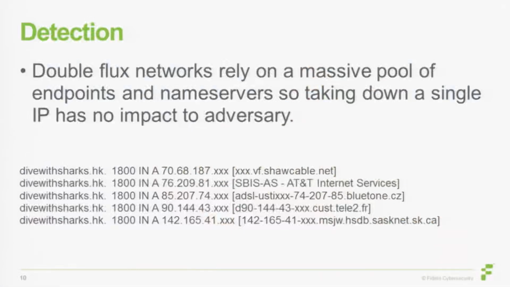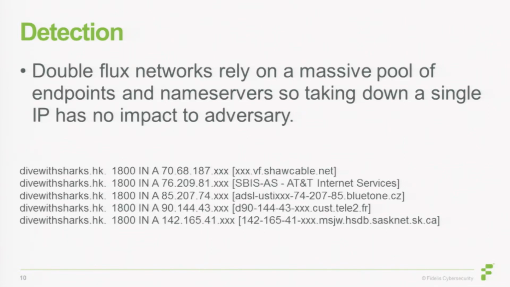In this case, 1,800 seconds and only 5 IP addresses. But if you resolve that repeatedly over the course of 30 minutes, once those TTLs expire, you'll see other IP addresses that get cycled in and cycled out. So it's common to have hundreds or thousands of IP addresses for a single DNS indicator. The idea for the attacker is that if I take down any of those IP addresses, the time to live expires 30 minutes later, and then they just cycle in new IP addresses.